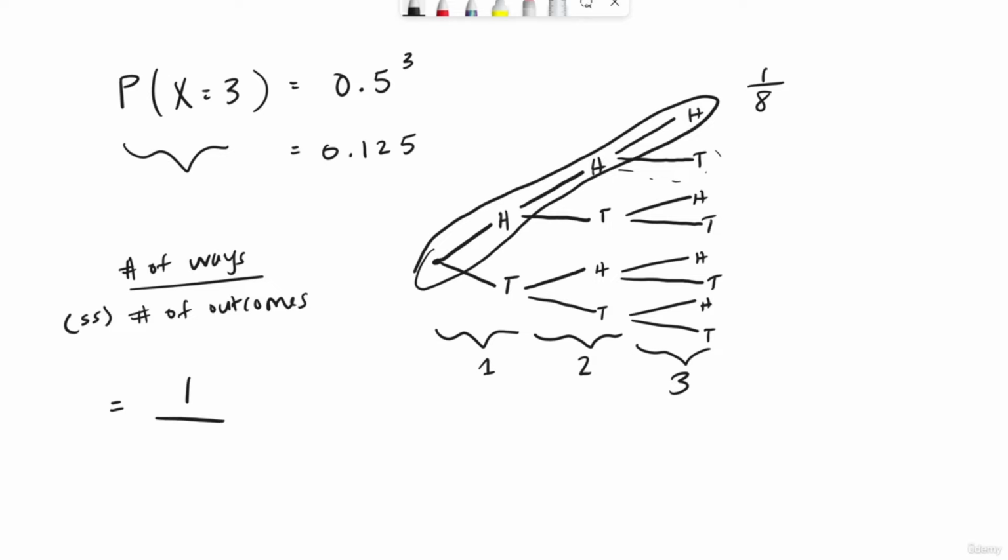And the number of outcomes of the entire experiment, across all different possible trajectories over 3 coin flips, is going to be the count of all of these leaf nodes right here, which is 8, and they represent all different possible trajectories, which is all different possible outcomes to this experiment. And so we get 1 over 8, and 1 over 8 is equal to 0.125. And there we have our answer.